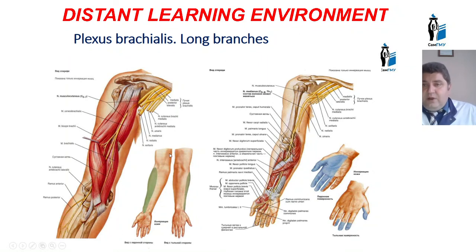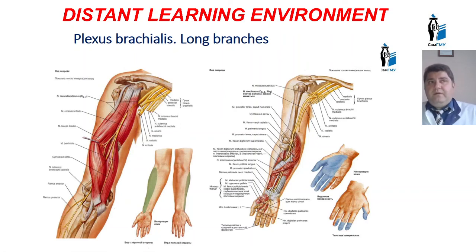Now let's look at this picture, and you may see the median nerve. I told you that it forms from the lateral and medial roots, from the lateral and medial fasciculi of the brachial plexus. As I told you, this nerve gives no branch in the brachium region, and it gives branches for the antebrachial muscles.